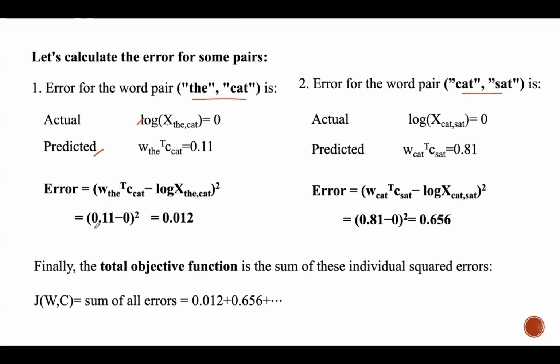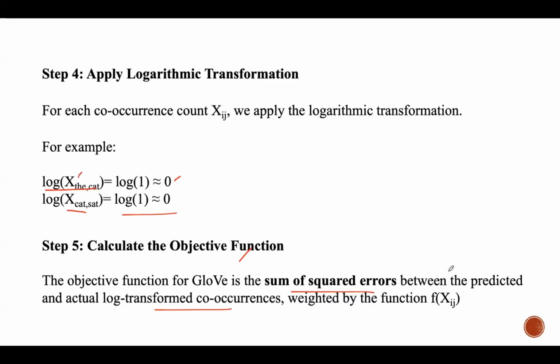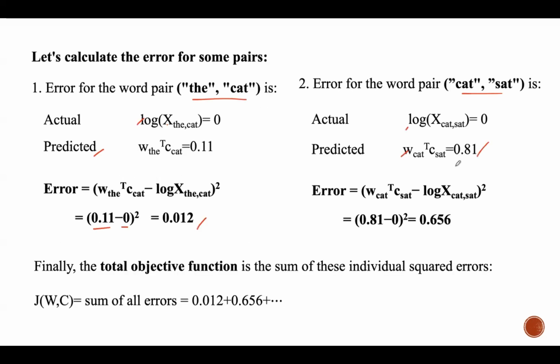So substitute the dot product value as 0.11, which is the predicted value, and the log value is the actual value, that is 0. Take the square, so you will get 0.012. And for the word pair cat and sat, the actual value is the log value, which is 0, and the predicted value is the dot product of cat and sat, which is 0.081. Now substitute them in this formula. So we got the error.